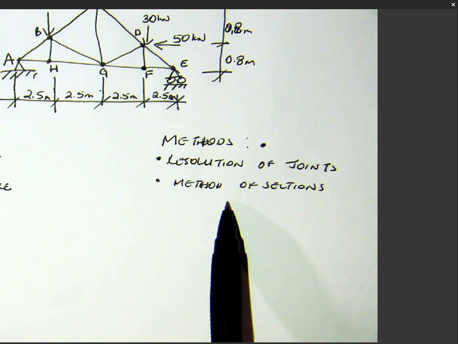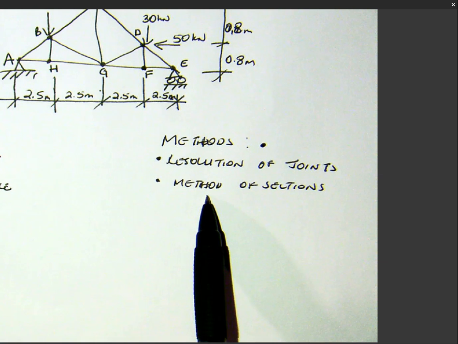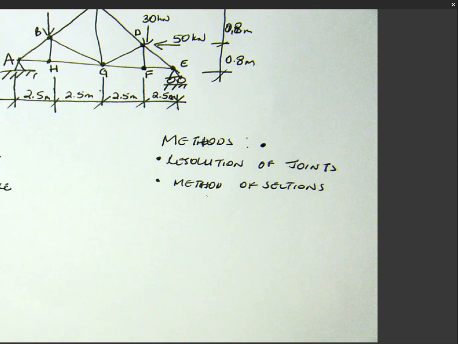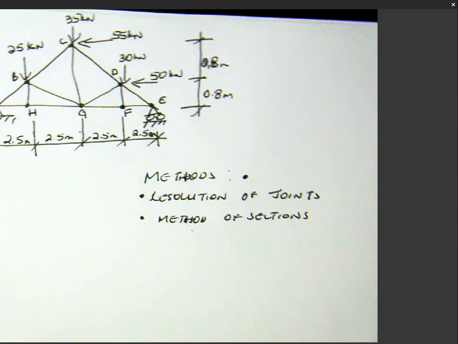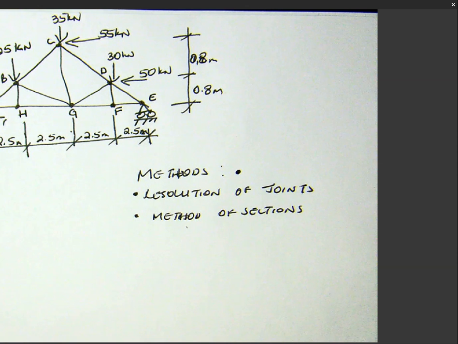You can combine them in that very same structure. If you find it easy to calculate a member force using resolution of joints, then you use resolution of joints. If the next member is easier with method of section, then you just use method of section. There is no rule saying that if you use resolution of joints for this structure, everything else must be resolution of joints. No, there is no such rule. I hope we understand each other.